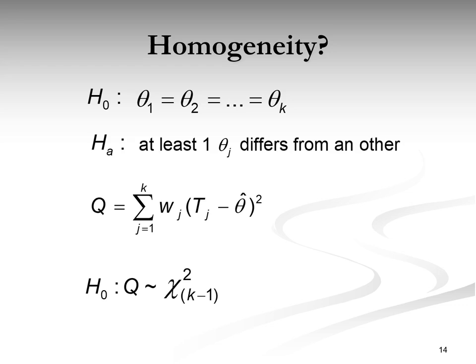We will reject the null hypothesis if we obtain a very large Q statistic, so if our Q statistic is really in the right tail of that chi-square distribution, for instance, in the 5% largest or most extreme values of that chi-square distribution.